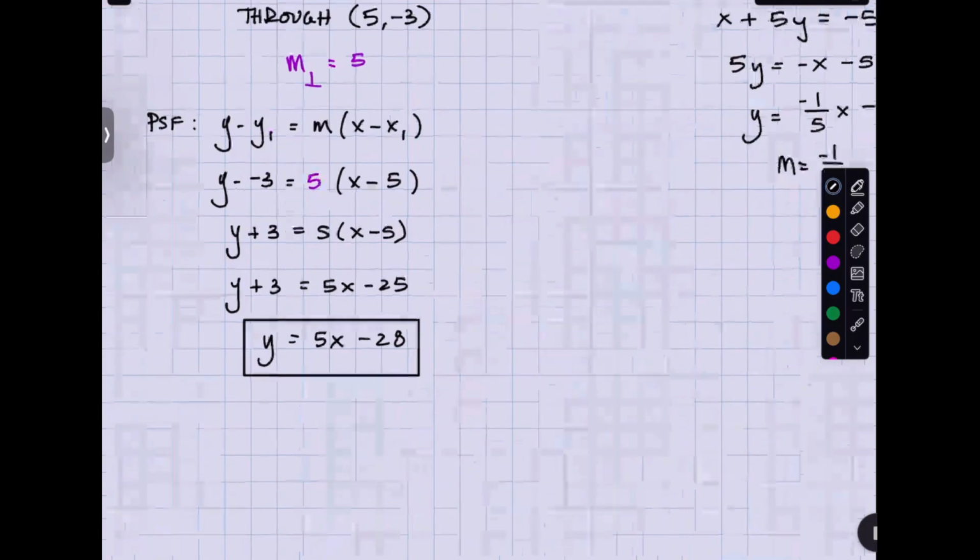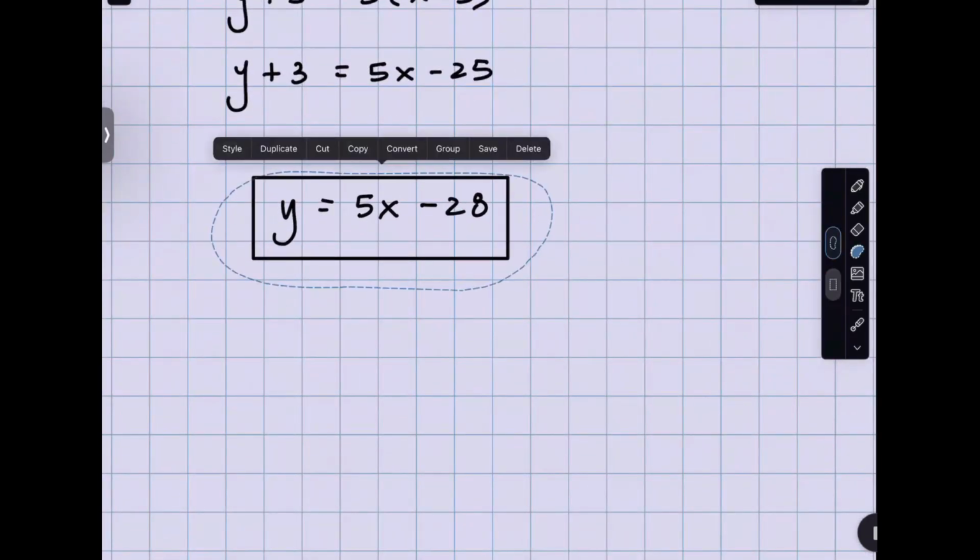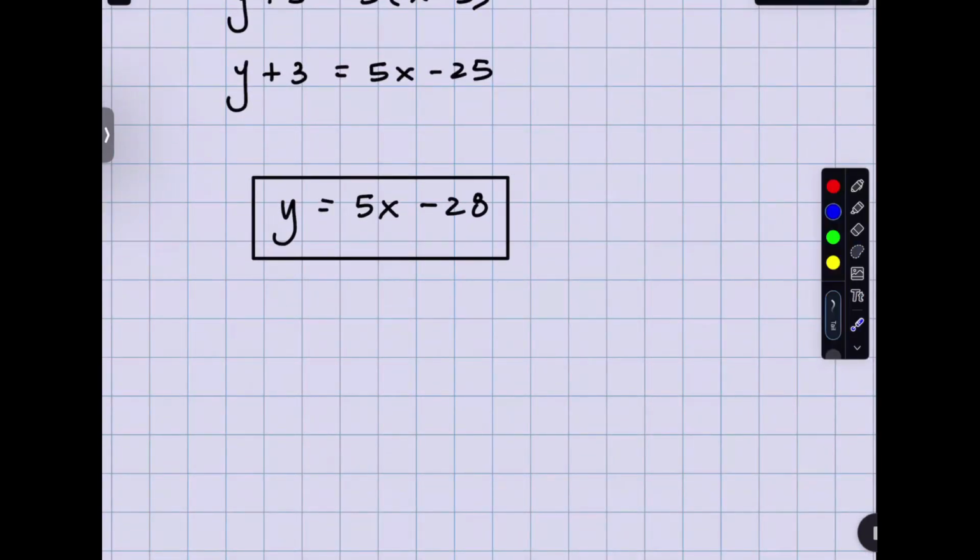Great question. So in order for me to get the y by itself, I got to get rid of this 3 right here, right? So in order to get rid of 3, I got to subtract it. If I subtract on this side, I got to subtract on this side. Okay? Any other questions?